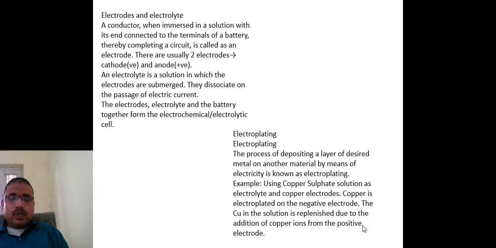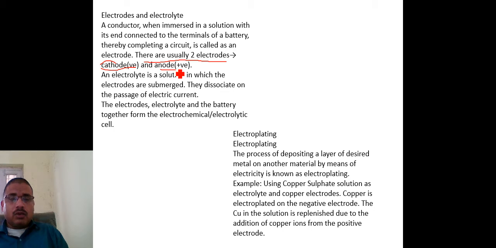Now here we are talking about two things. As I have already told you, there are two kinds of electrodes. One is a cathode and another one is an anode. Cathode is basically a negative electrode, whereas an anode is a positive electrode.